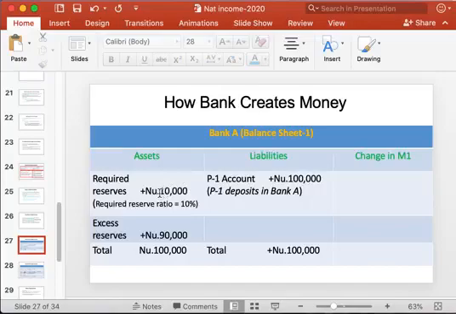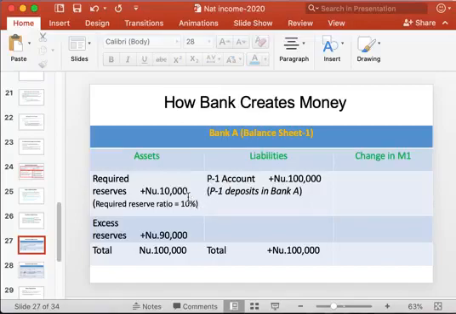And this required reserve of 10,000 Newton with the central bank cannot be used by Bank A for making loans or for other purposes.